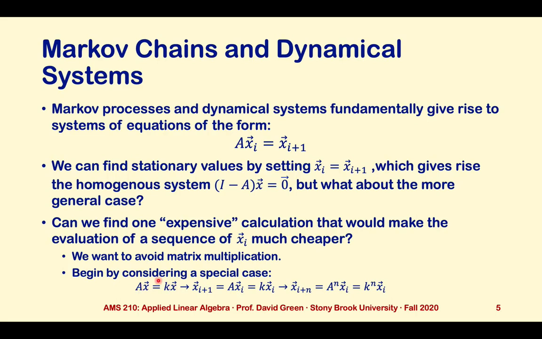If we can write this, then x_{i+1} gets written as k times x_i. We replace matrix multiplication with scalar multiplication. And if we take many steps, we replace the sequence of subsequent multiplications by A with powers of a scalar, which are easy to evaluate.